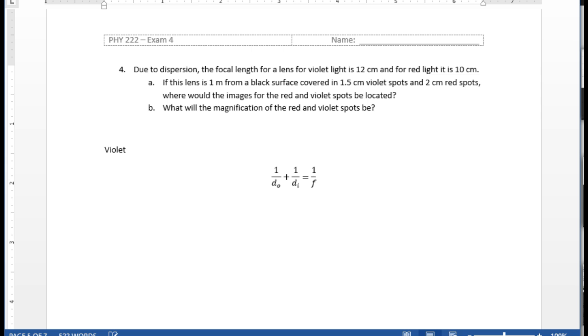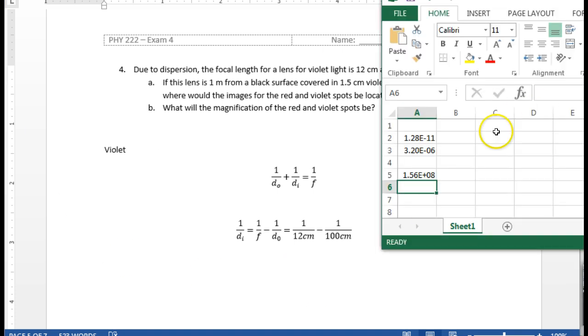What this really means in terms of finding the distance to the image is it's 1 over the focal length minus 1 over the distance to the object. Which in our case, for violet, is 1 over 12 centimeters minus 1 over 100 centimeters. Pop over to Excel.